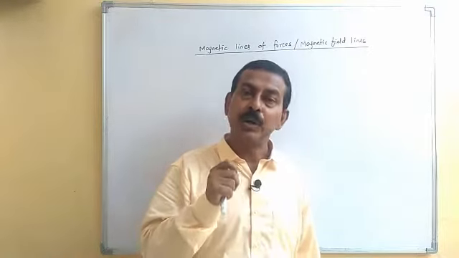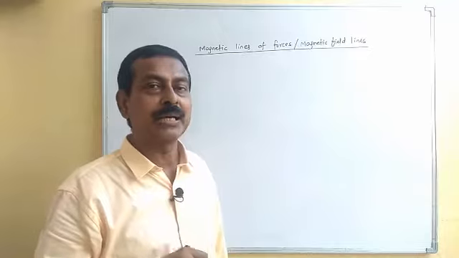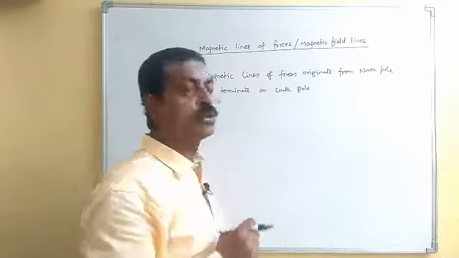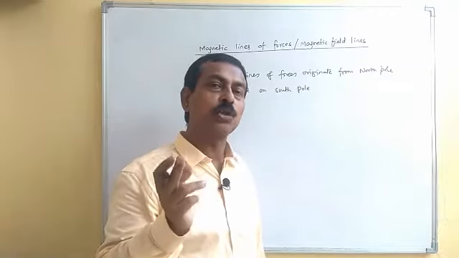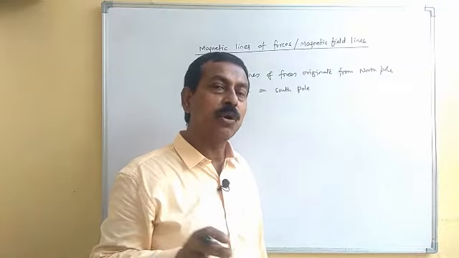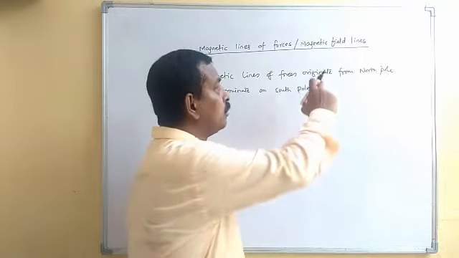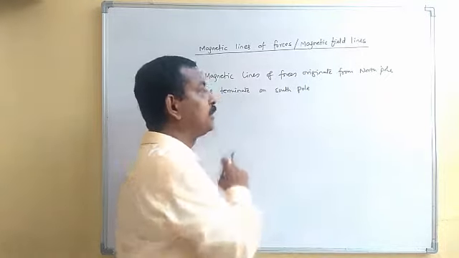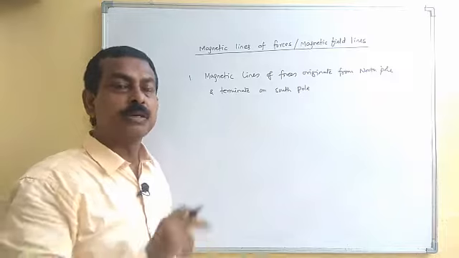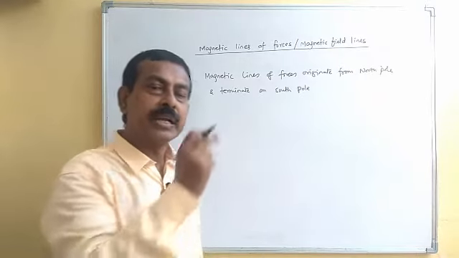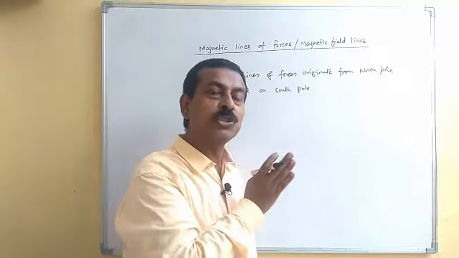So now let's take the properties of magnetic lines of forces. The property is that magnetic lines of forces originate from the north pole and terminate on the south pole. That will be when we take it outside the magnet. Inside the magnet they move from the south pole to the north pole.